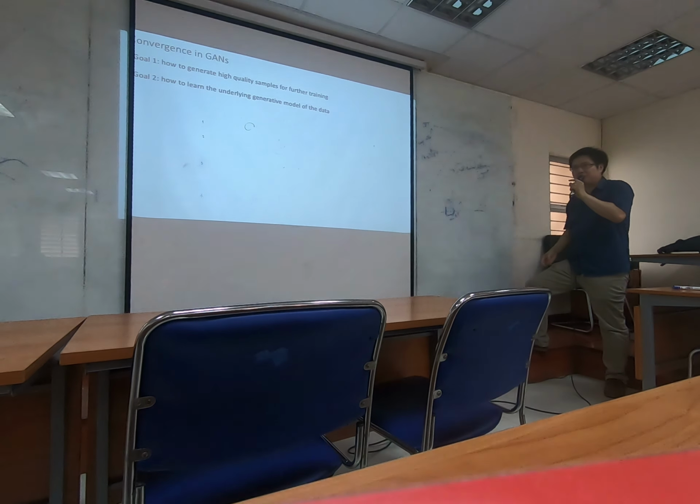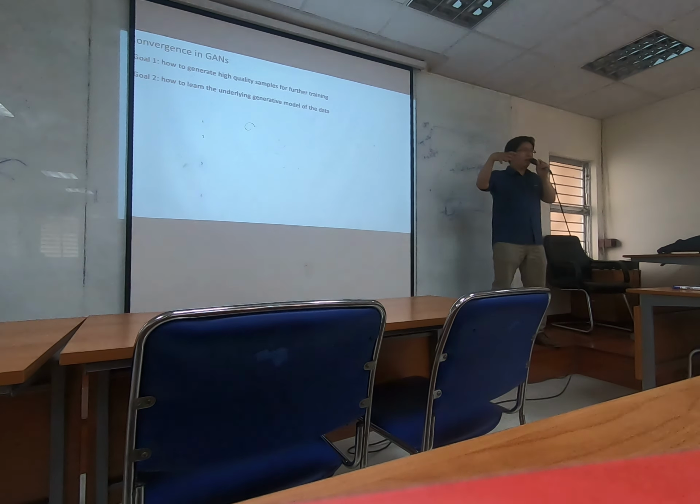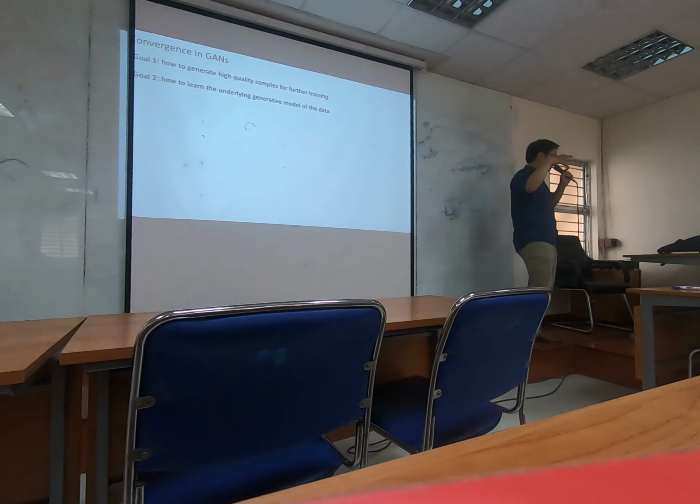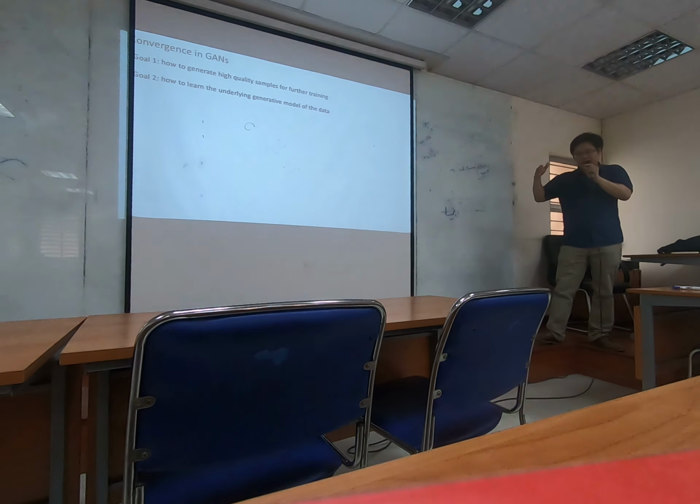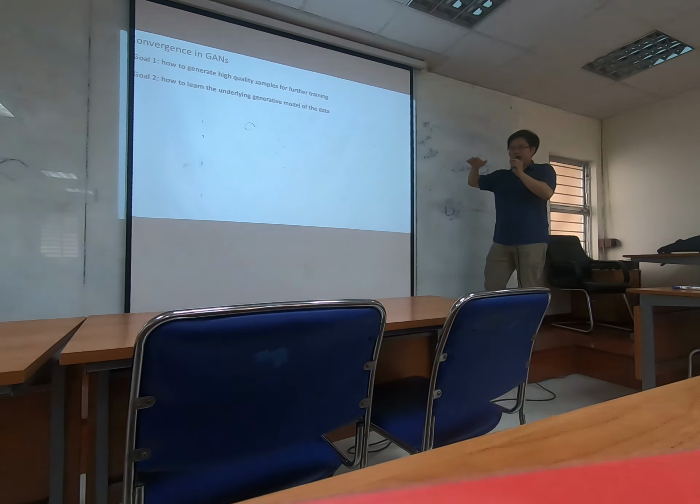It's unsupervised learning in the sense that its goal is to learn the underlying model of the distribution of the system's data. The way it does this is it has two components, a generator and a discriminator.